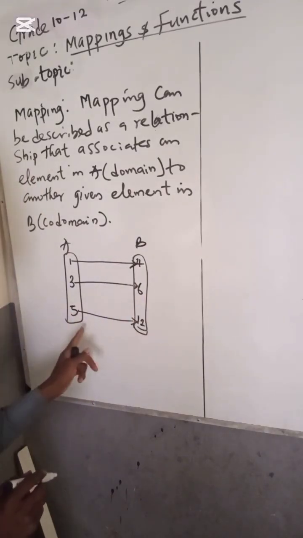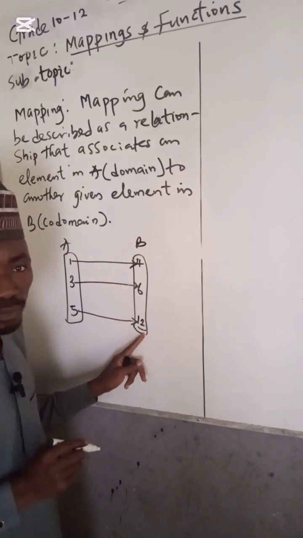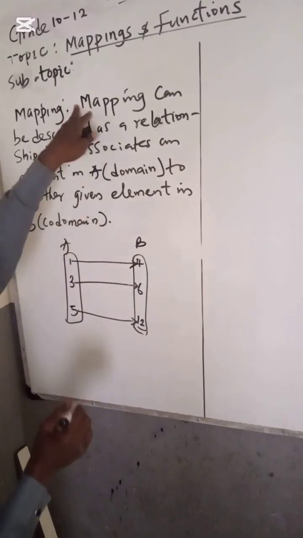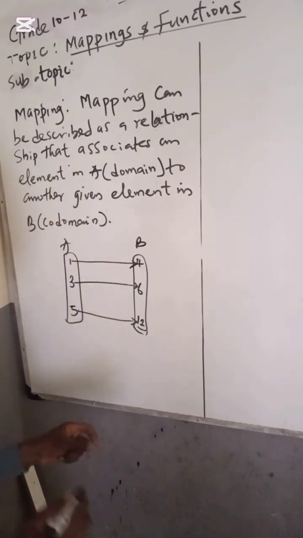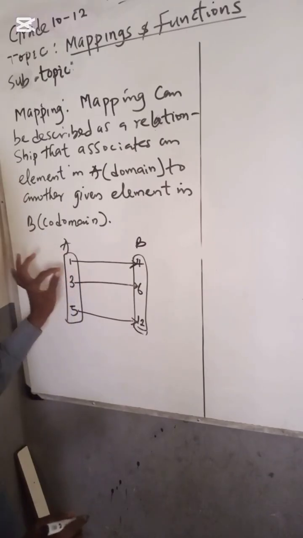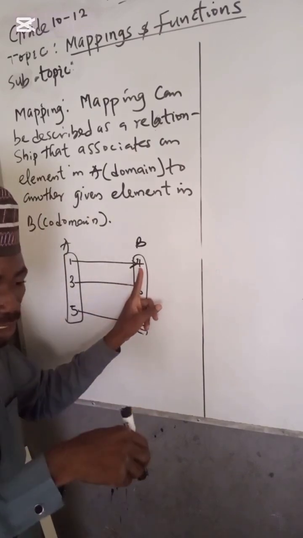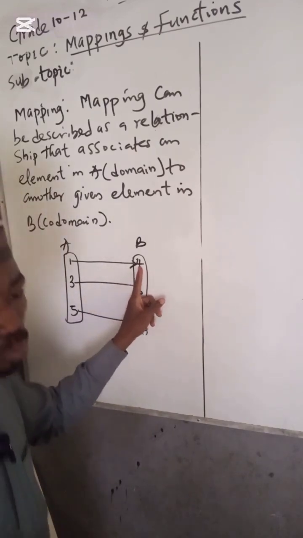This 5 is associated to the element within B, which is 12. So this is the relationship mapping is talking about. And it shows that each domain element has an element in B that serves as the output.